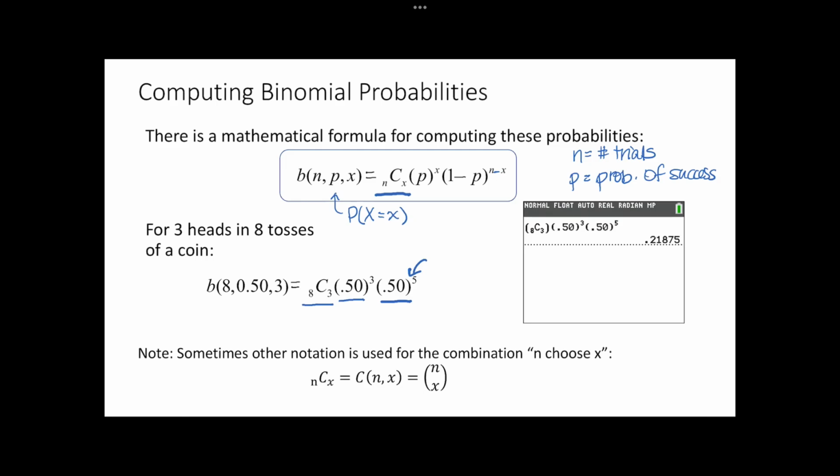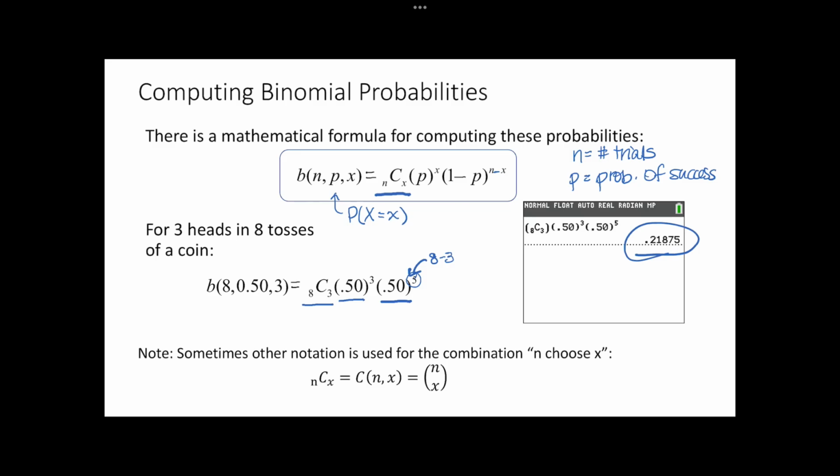In this case, that's 8 minus 3, which is 5. And you're just going to plug that into your calculator. This is the output from a TI-83/84 calculator. You can also do this in Desmos.